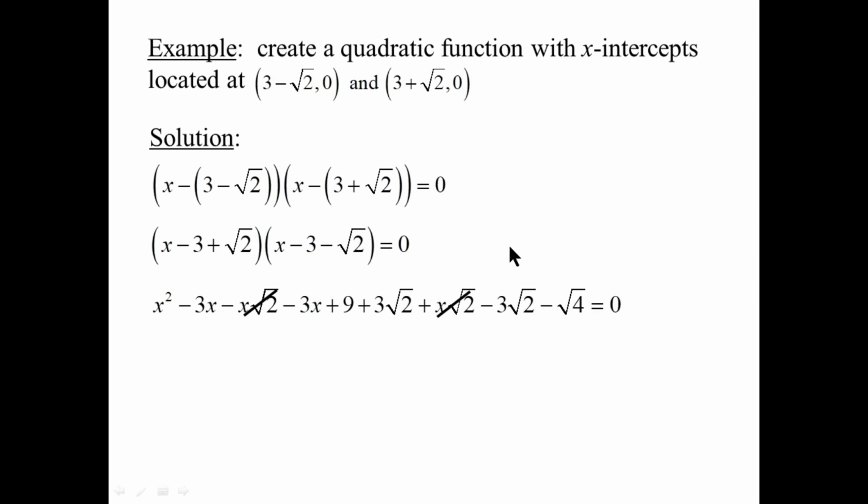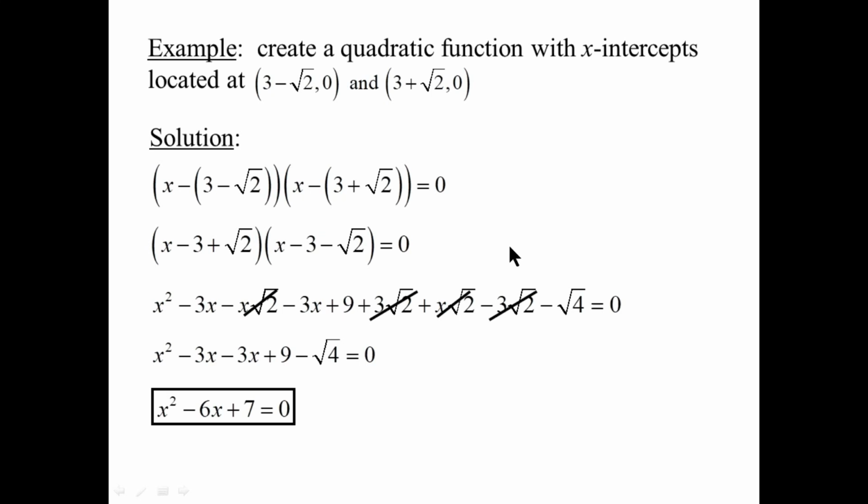They offset each other. We have a plus 3 root 2 and a minus 3 root 2. They offset each other. Tidying it up, it looks like this. And root 4, of course, is 2. And there's our quadratic.